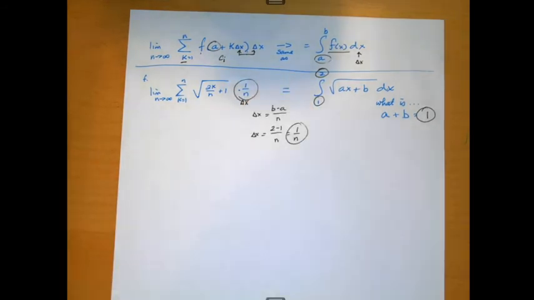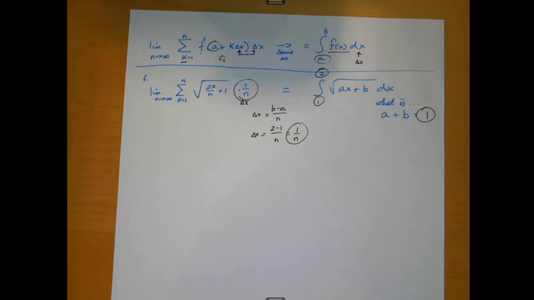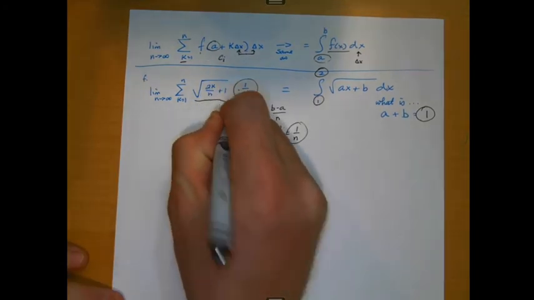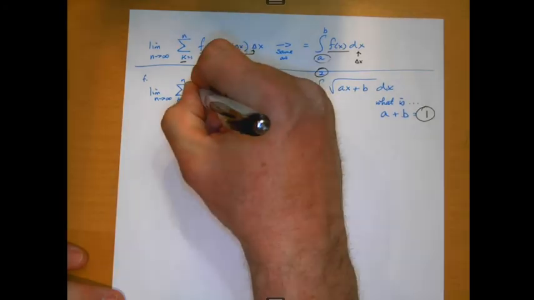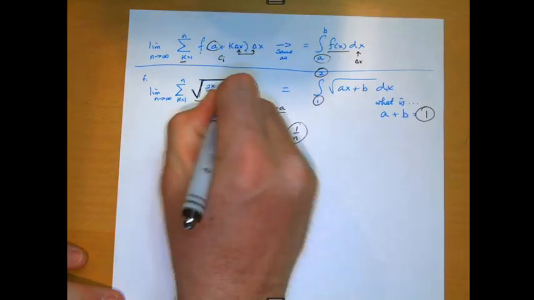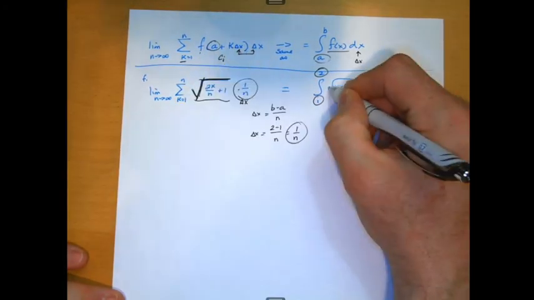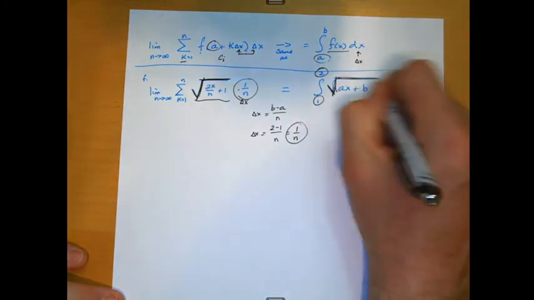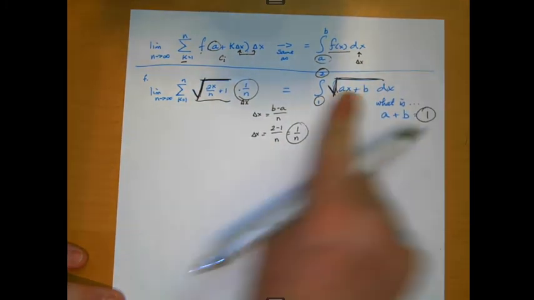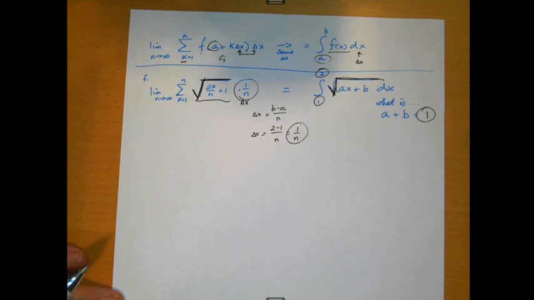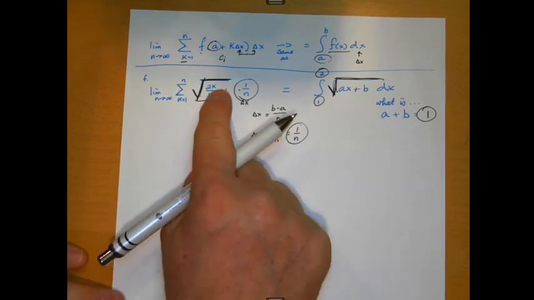Now, the next thing that we have to do is decide how that 2 in there is acting. We have our main function part, which is this part right here. So that has to be something in there. You would think that b was 1.